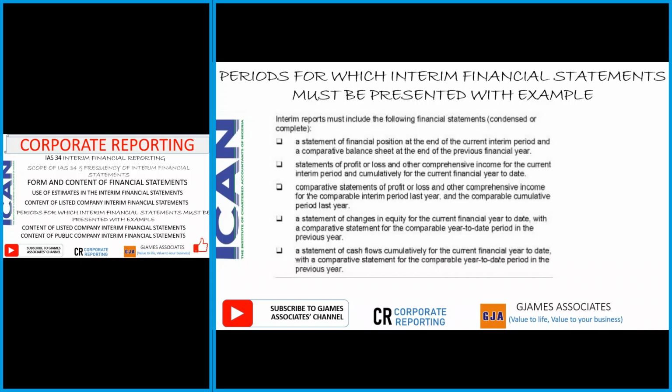We must show the interim period we are reporting on. We must show the corresponding interim period, and we must show the annual cumulative account, the last cumulative account. Basically, those are the three summary of it all. This is the detail as you can see.